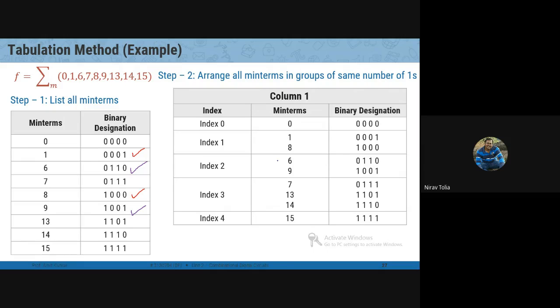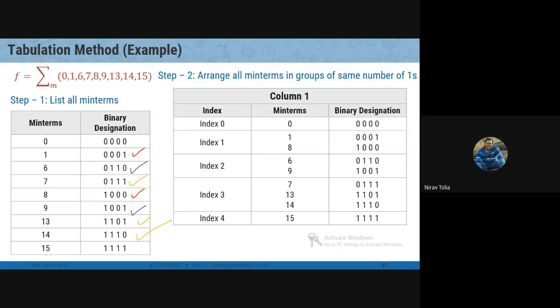Then index 3 means the number of ones available in the binary representation is 3. You can check 7 has 3 ones, 13 has 3 ones, and 14 has 3 ones.